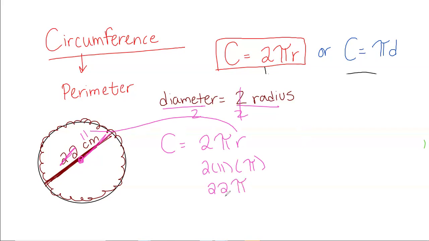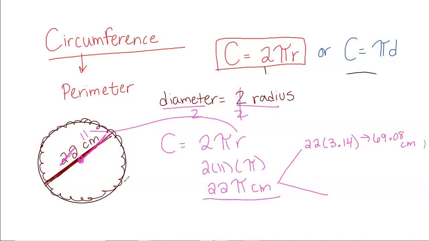22 pi centimeters. High school, that might be your answer if your teacher wants it in terms of pi. Or we push the calculator. Middle school, you're going to do 2 times 3.14, most likely. And that is 69.08 centimeters.